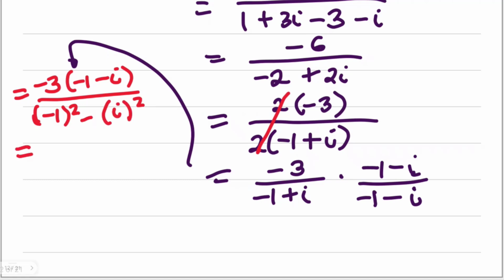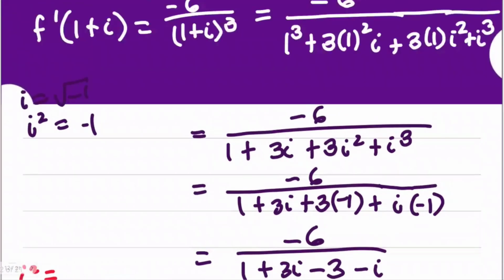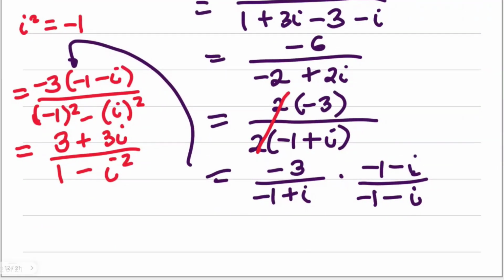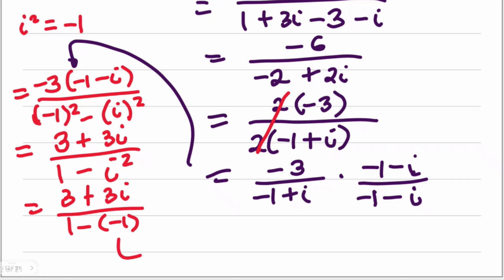This would mean the numerator is 3 plus 3i, all over 1 minus i squared. Note that i squared is negative 1, so this is 3 plus 3i all over 1 minus negative 1, and our denominator will no longer contain the imaginary unit i.